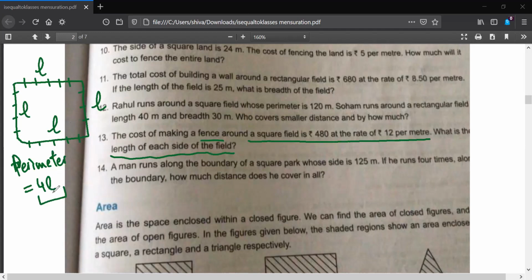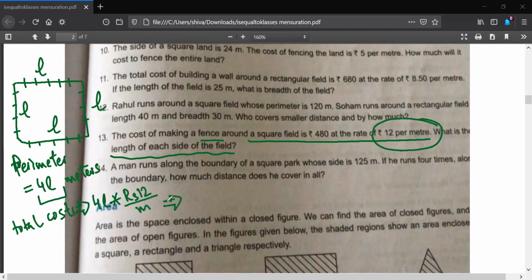Okay. Now, the cost of fencing is rupees 12 per meter. If this is 4L meters, then for 4L meters, the total cost would be 4L into rupees 12 per meter.